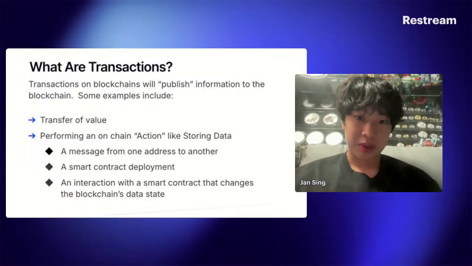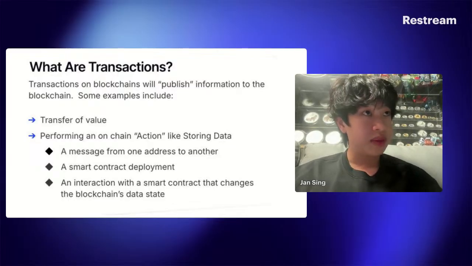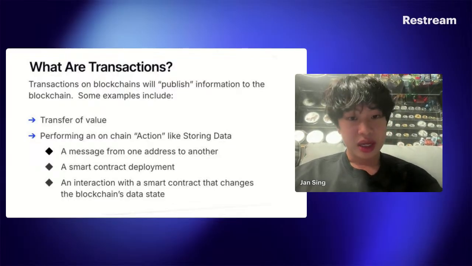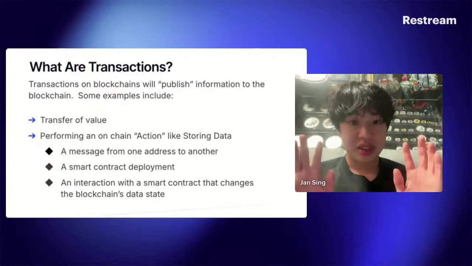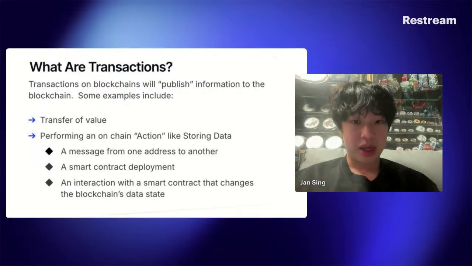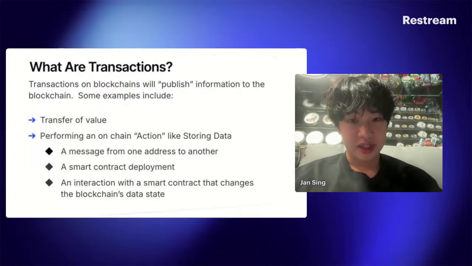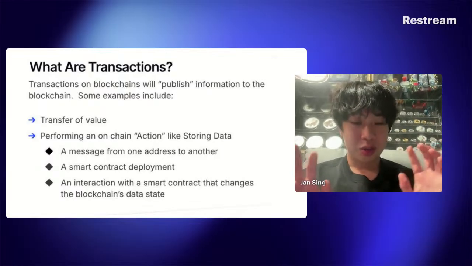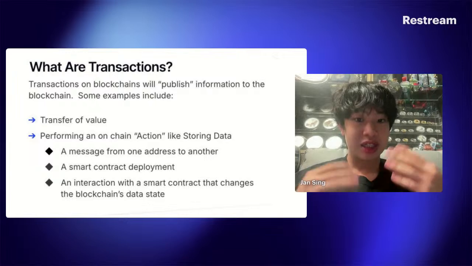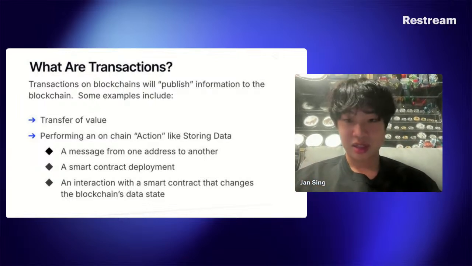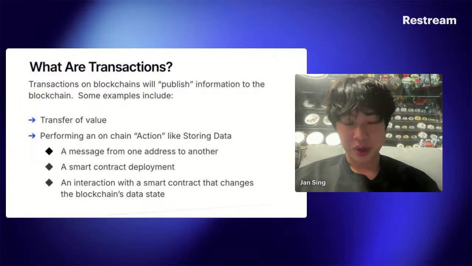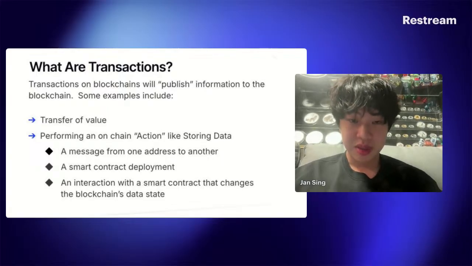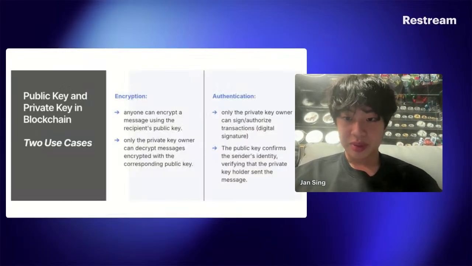Gas fee is another topic we'd love to introduce later. Basically, it's a transaction fee. Since there's no middleman, we need to incentivize people to run nodes to process these transactions and make sure everything runs smoothly. Without anyone supervising, they can control this through different proofs, proof of stake and proof of work, which are different mechanisms. And that's basically how it works.